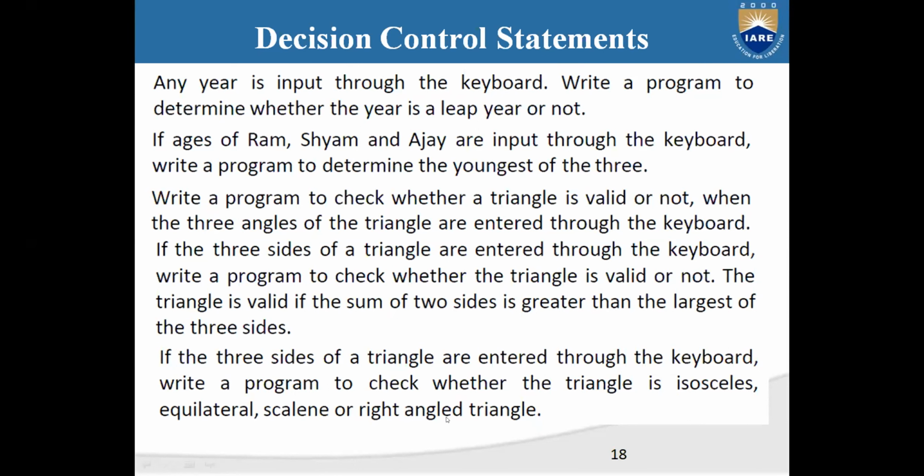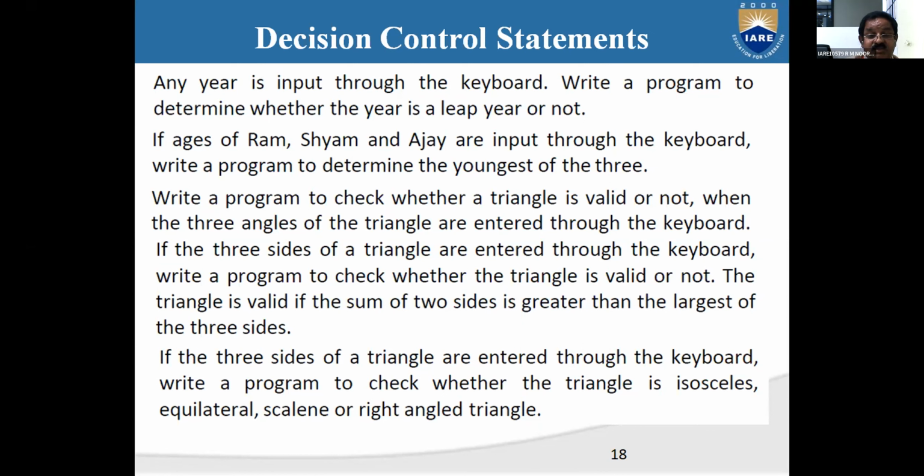And for right angle, we have to use the Pythagoras theorem. Absolutely correct. What is the Pythagoras theorem? C square is equal to A square plus B square. If the hypotenuse square equals the sum of the squares of the other two sides, then it is called a right angle triangle.